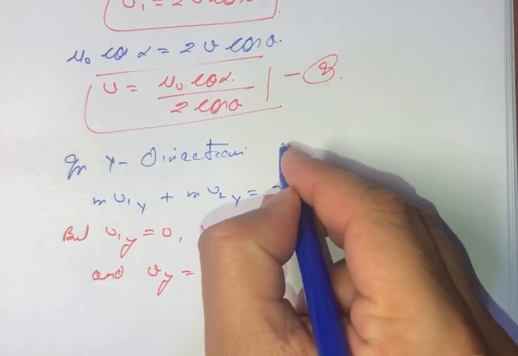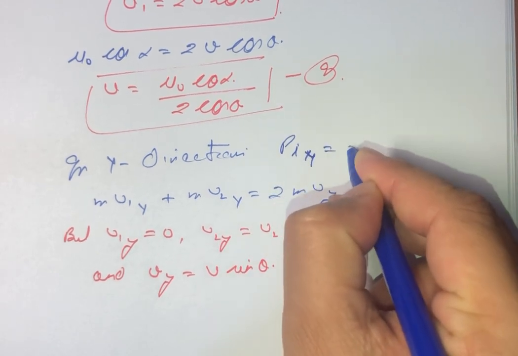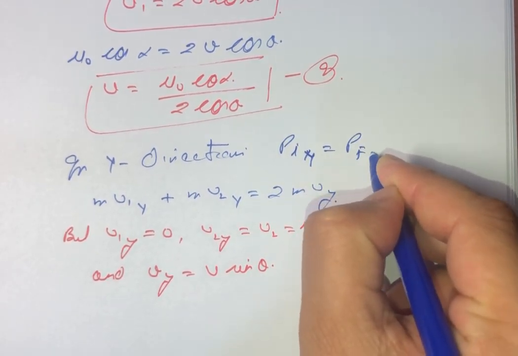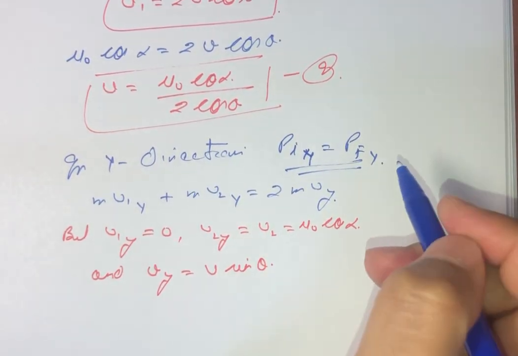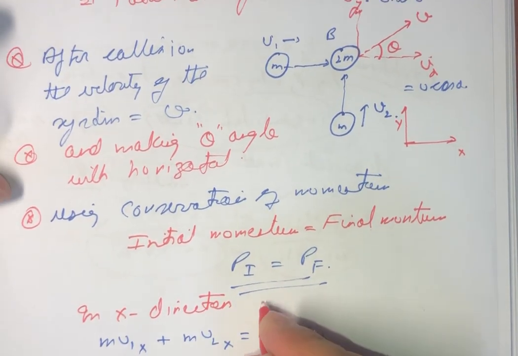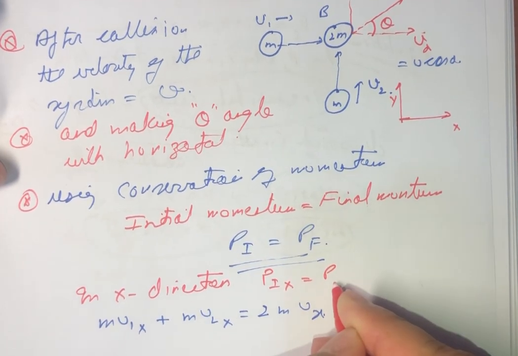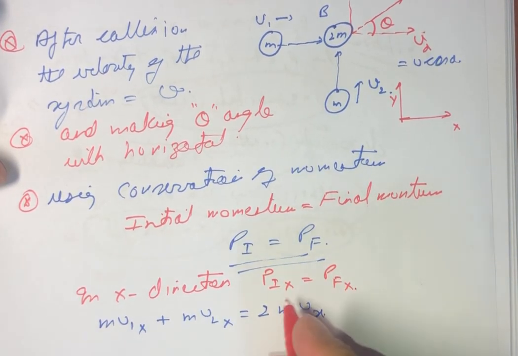in y direction, we can say P initial in y direction is equal to P final in y direction. And similarly, we can write it here also. In x direction, P initial in x direction is equal to P final in x direction.